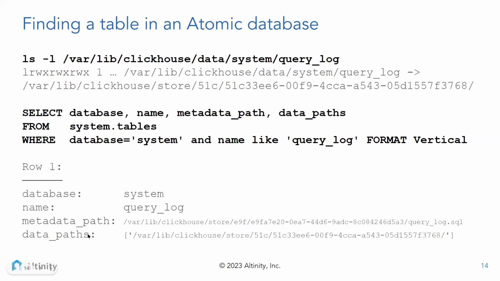Notice that it says data paths. Well, the reason for that is that there actually could be multiple locations of the data, and that would be the case if we were using tiered storage and had multiple disks which contain the data. So ClickHouse tracks this and makes it possible to locate all of them.